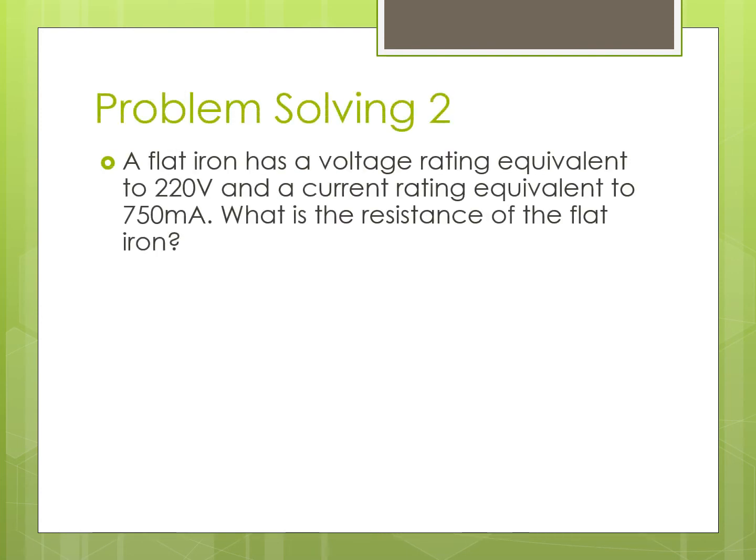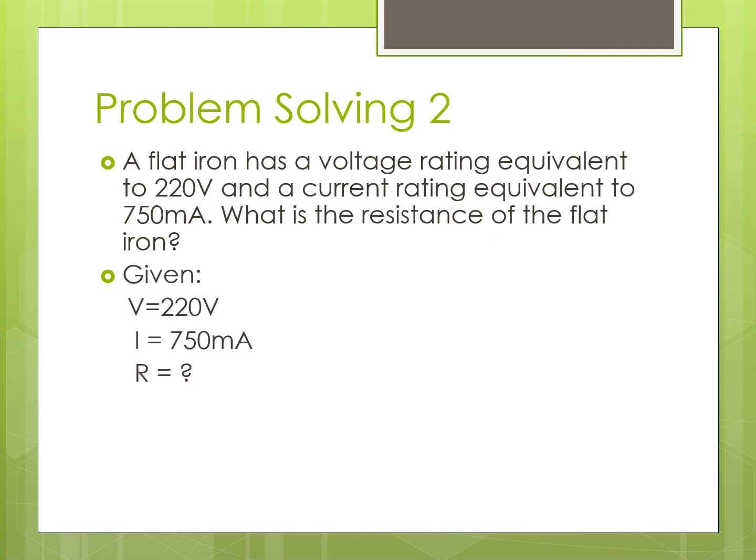Okay, let us solve problem number 2. A flat iron has a voltage rating equivalent to 220 volts and a current rating equivalent to 750 milliamperes. What is the resistance of the flat iron? So let us first take down the given.